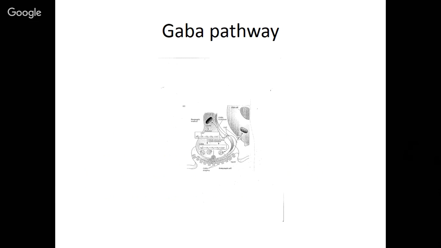Okay, GABA. GABA is probably the most prevalent single neurotransmitter in the brain. It's something like 80% of nerve cells are set up to be inhibitory, and the primary inhibitory neurotransmitter is GABA. It's also got a biochemistry. It's also recycled, similar to the other two, all done close to the terminal.